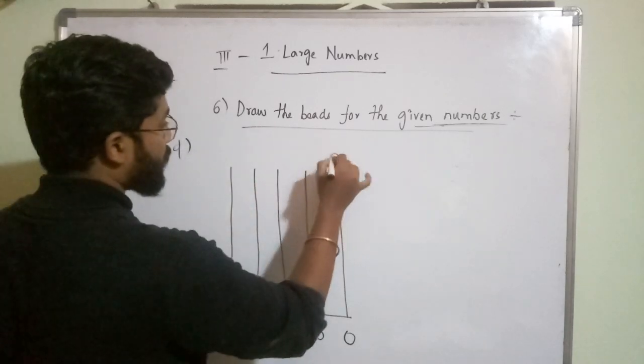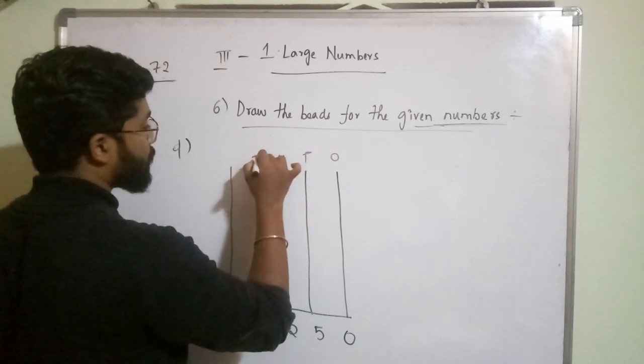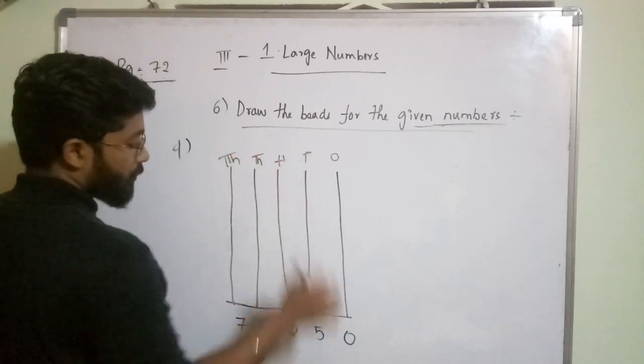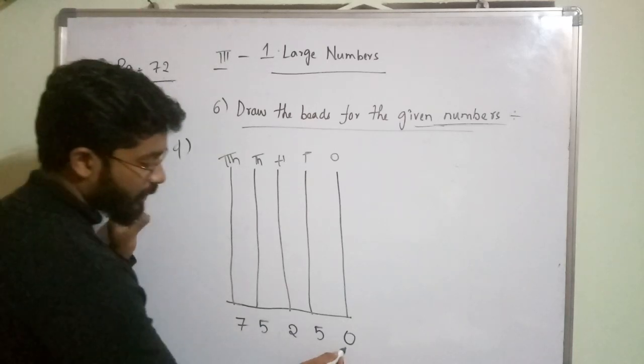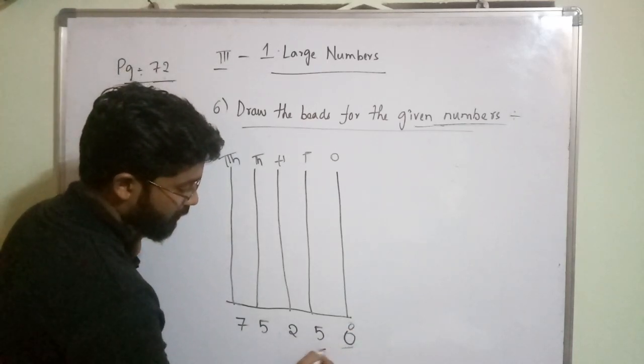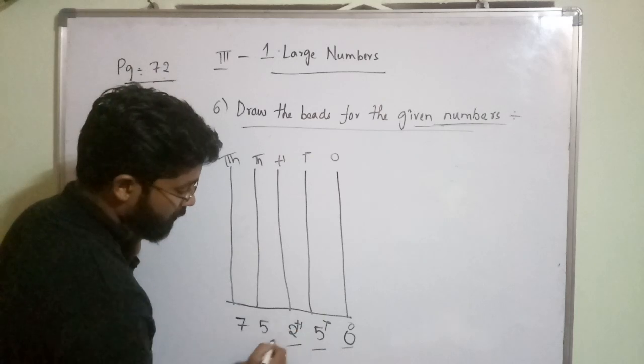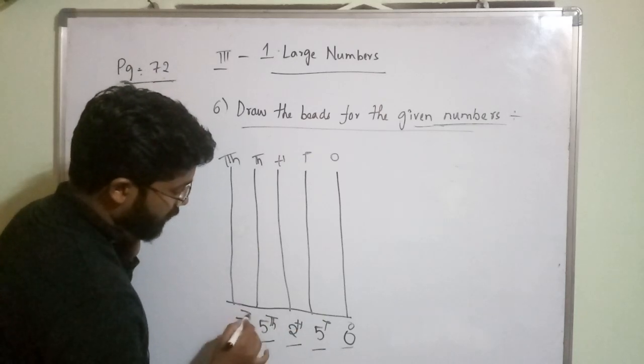So this is ones place, tens place, hundreds place, thousands place, 10,000s place. 1 2 3 4 5. 5 digit number, no? This is ones place, tens place, hundreds place, thousands place, 10,000s place.